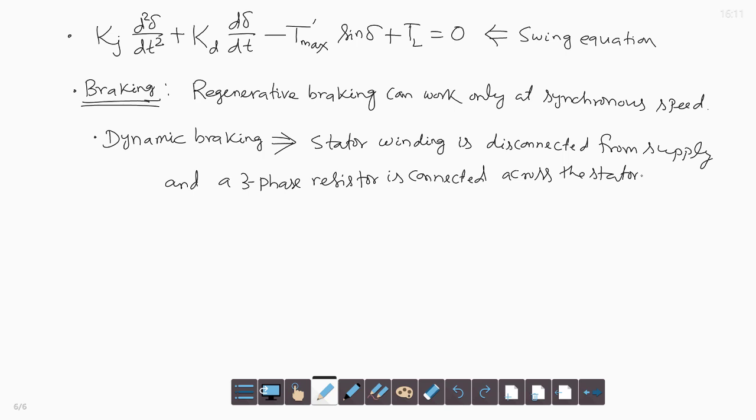The stator current produces a torque in interaction with the rotating rotor MMF, and that torque opposes the rotor rotation, and hence it is a braking torque, the dynamic braking torque.